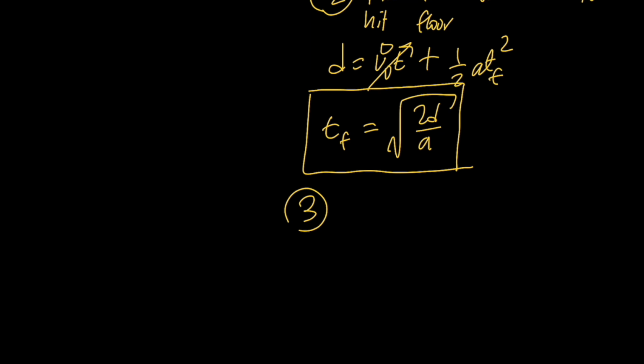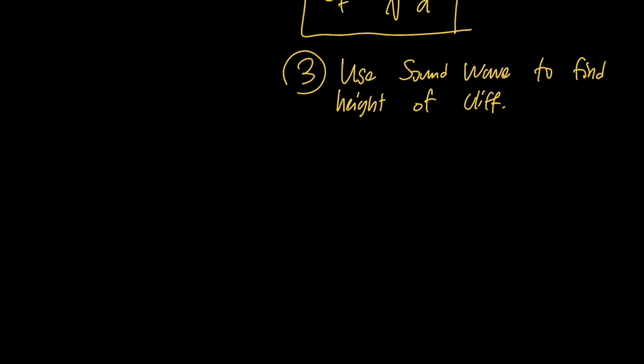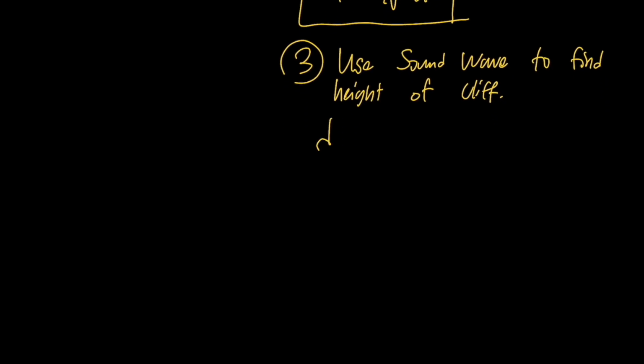And now we can use the sound wave to find the height of the cliff. So d, we can say, is the height of our cliff, is equal to Vs, which is the speed of sound, times Ts, which is the time it takes for the sound wave to travel back, where Vs is equal to 340 meters per second.